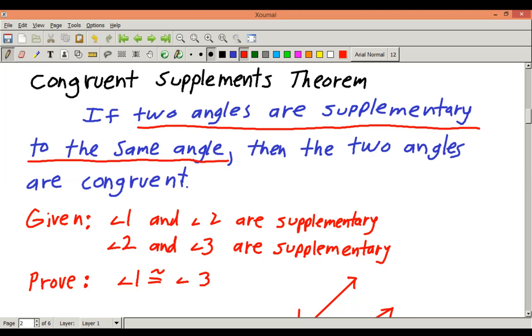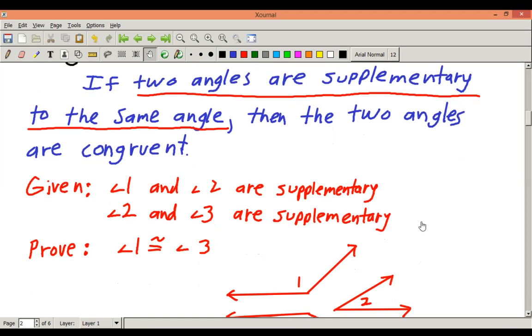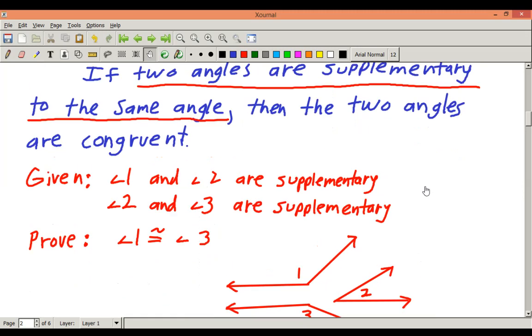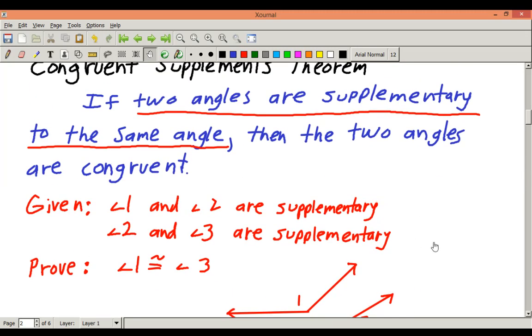So I'm going to make up a little drawing here so we can attach some letters to it, some numbers. So if you look at my little diagram there, the given is that angle 1 and angle 2 are supplementary, and also that angle 2 and angle 3 are supplementary. So that's talking about the hypothesis. Two angles are supplementary to the same angle.